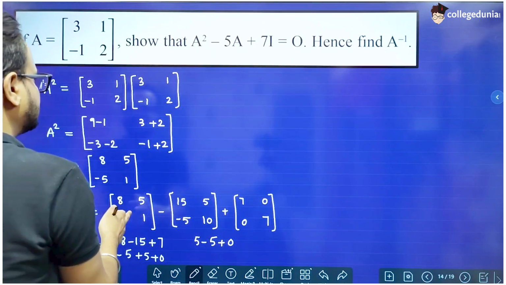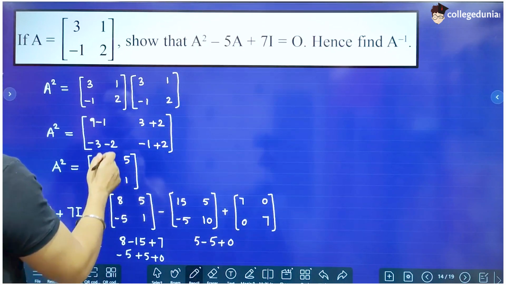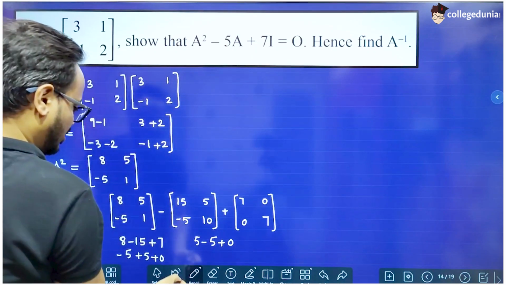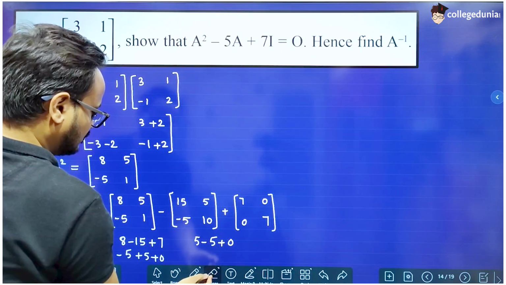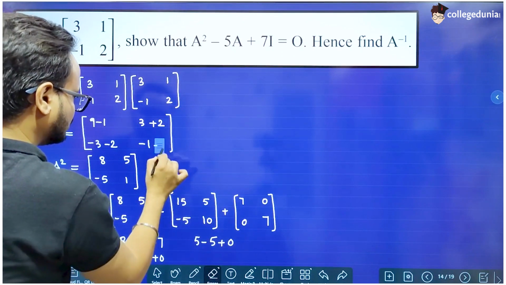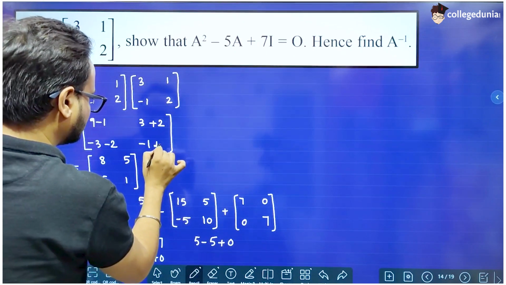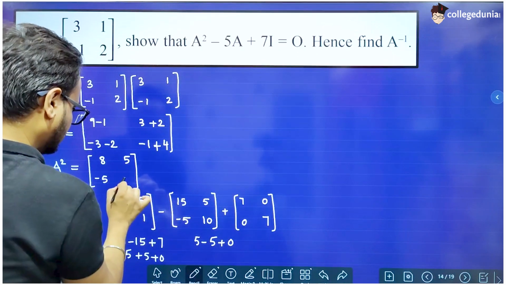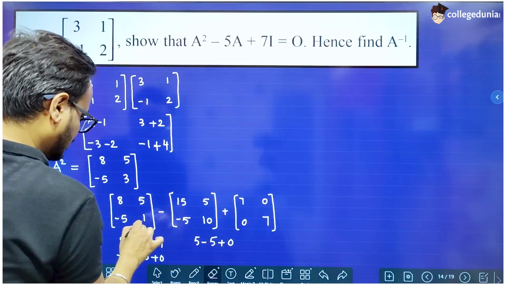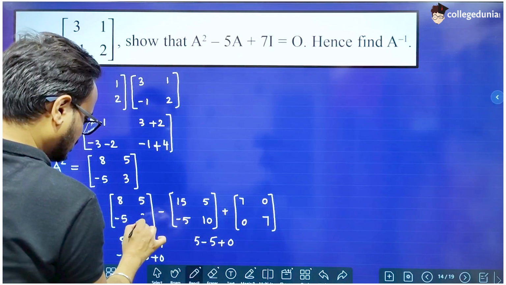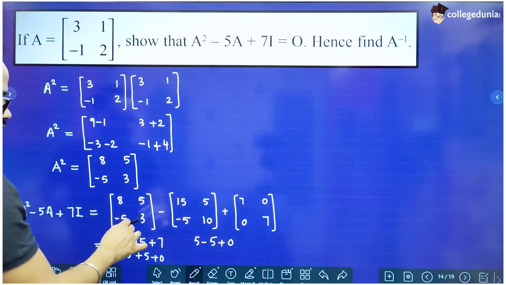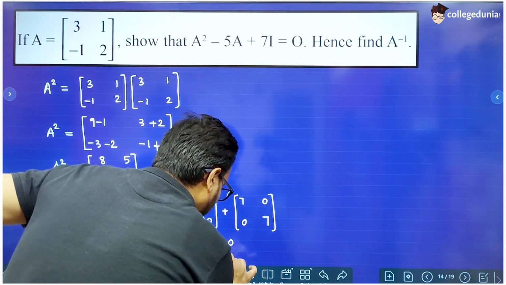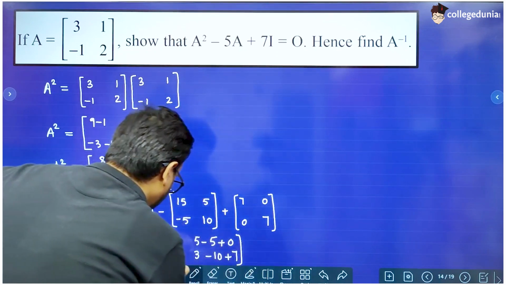Okay, let me check this value again. Minus 1 plus 2 into 2, 4. Okay, it was 4. Okay, 3 minus 10 plus 7.